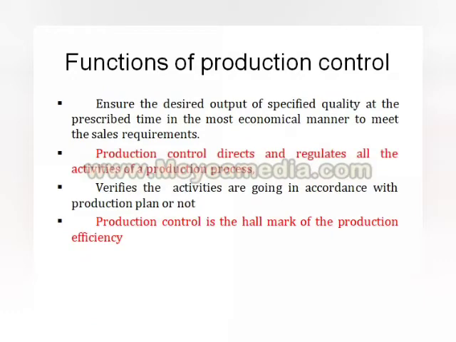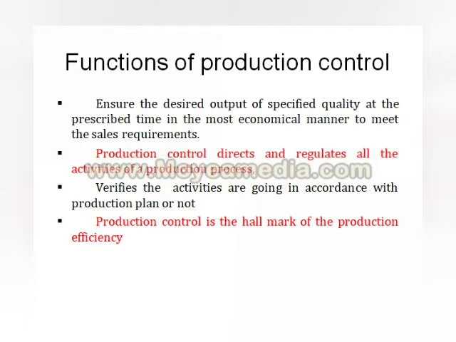With a proper plan, how can you implement that in an industry? There comes production control. Production control directs and regulates all the activities of the production processes. It verifies the activities in your industry, whether they are sticking to the time defined in the plan.